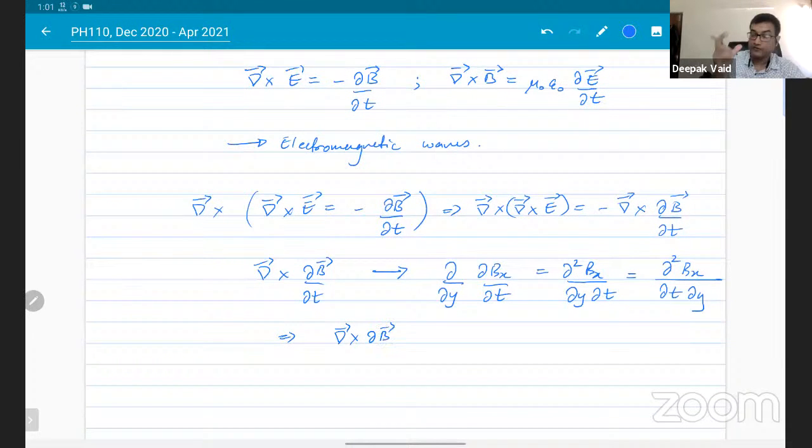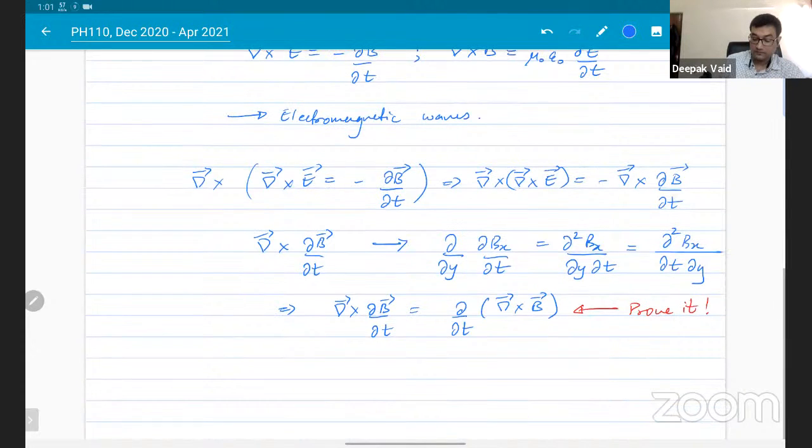So that means I can take this equation and put the curl inside the time derivative. You should sit down and work this out component by component and make sure that what I'm saying is correct. Okay.